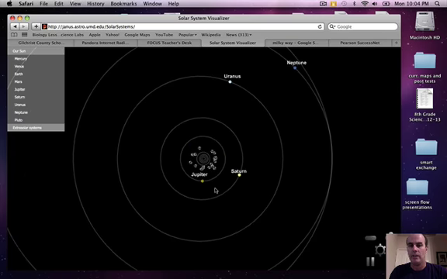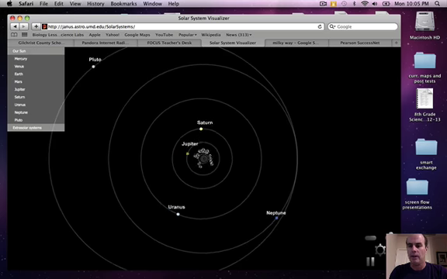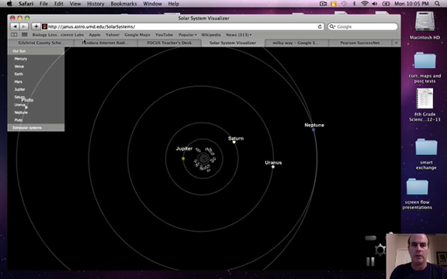Okay, and there it is, the inner planets look like a blur. The amount of time it's taken them to go around the sun is really quick as compared to these outer planets, because they are so far away from the sun, and their period of revolution, or the time it takes them to go around, is so much slower.